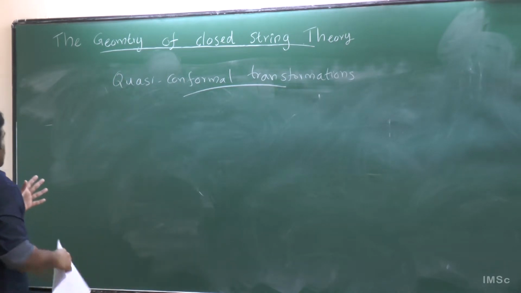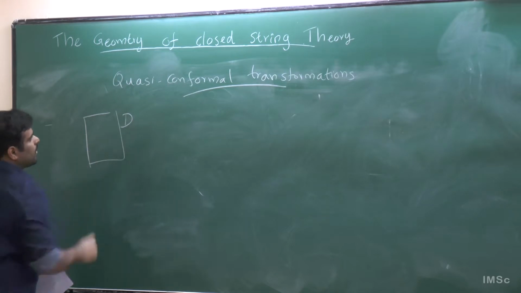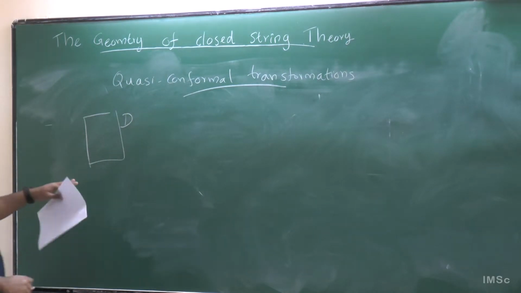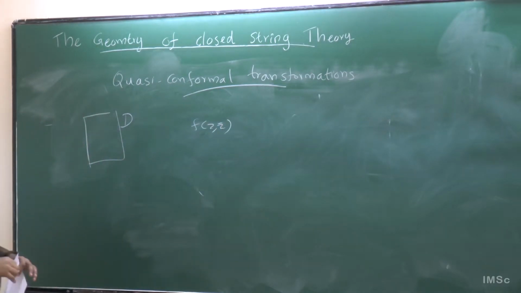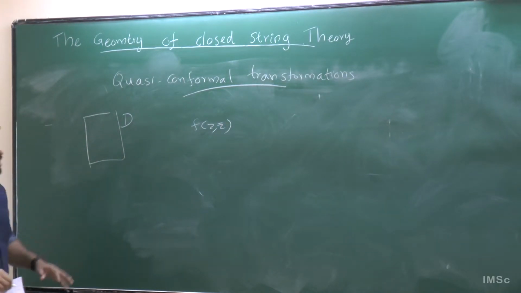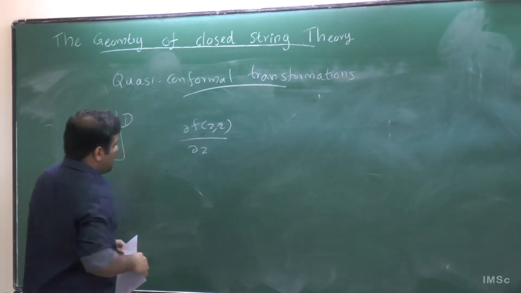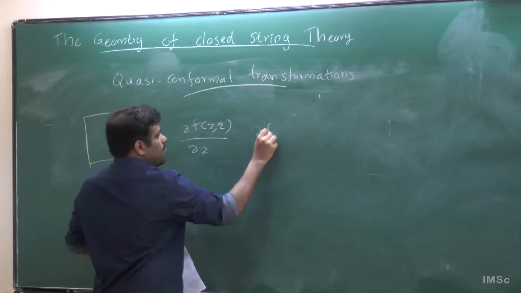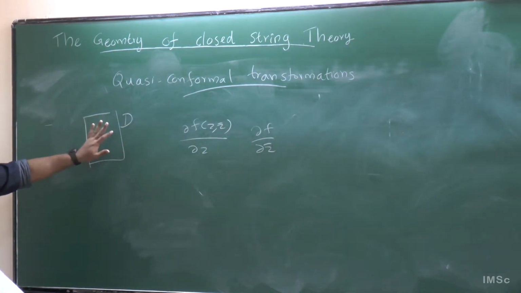Let us consider a simply connected domain D. Then assume that we have a function f of z, z bar that is defined on this domain D. We assume that the derivatives del f by del z and del f by del z bar are well defined on this domain.